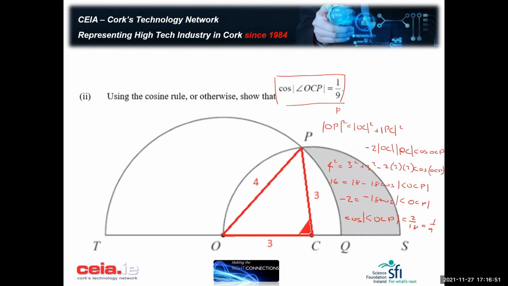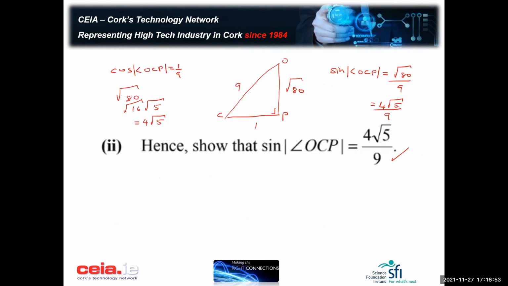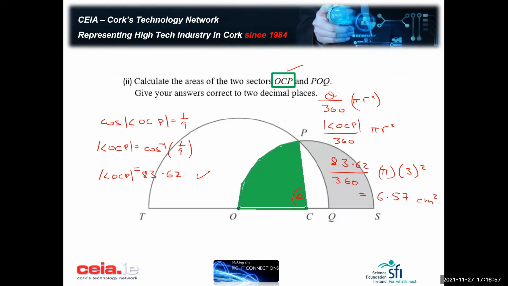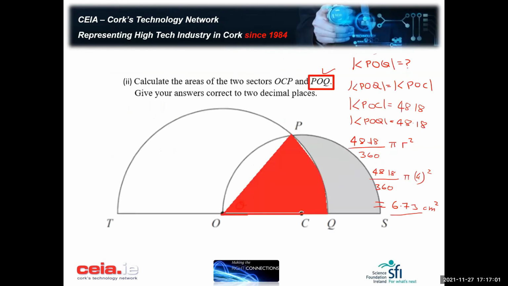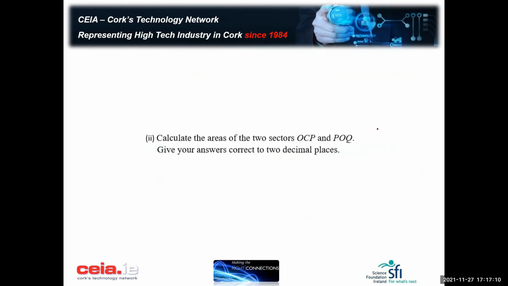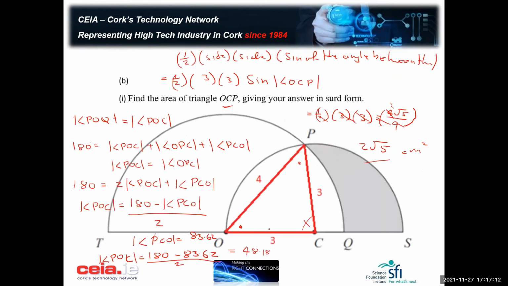We got that 48.19. That was the inverse cosine of, yes, that was the POQ here. We got the POQ there. All right. And we said the POC was, yes, we said down here the POC was 48.18, 48.19, same thing.